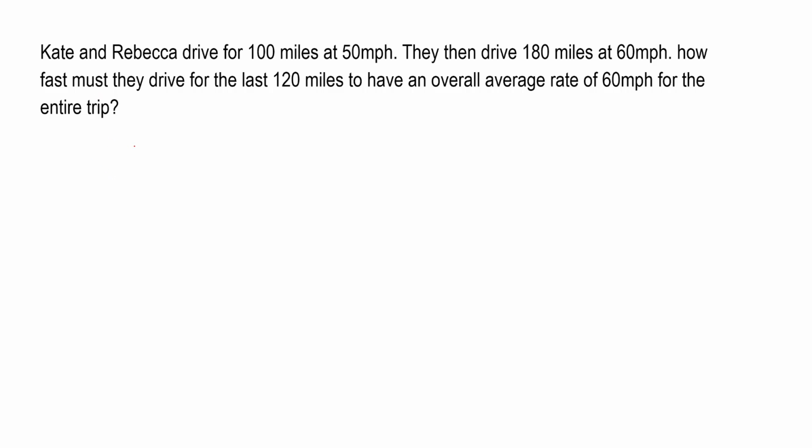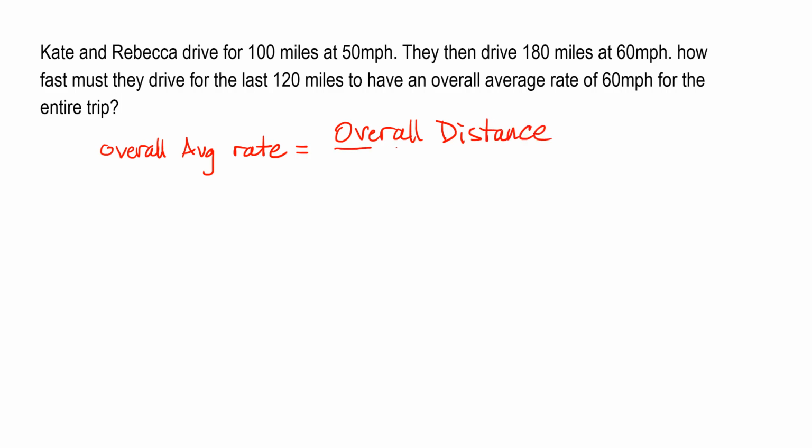Okay, so let's just remember that the overall average rate is equal to the overall distance divided by the overall time. All right, so we have overall average rate, we want it to be 60.